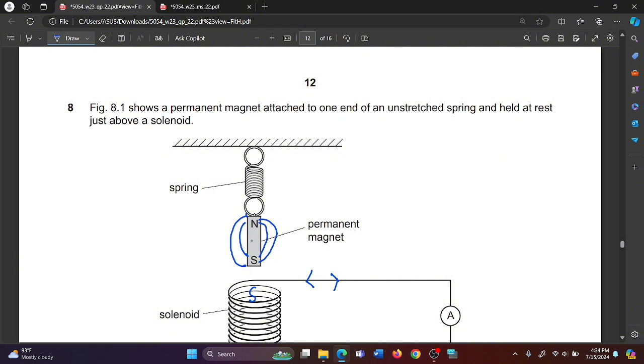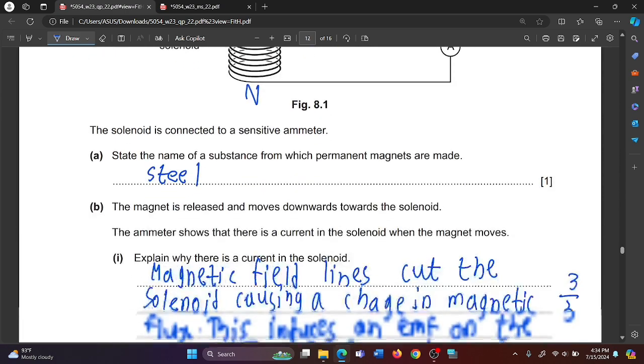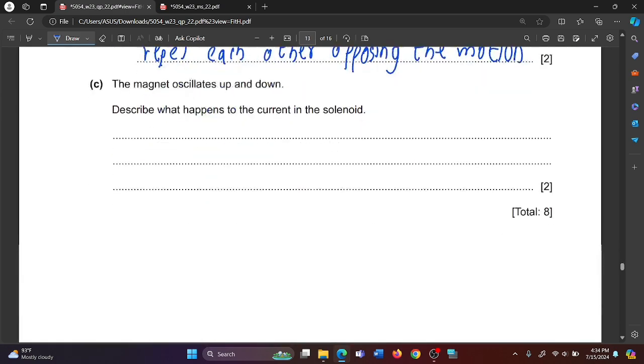This means the magnitude of the current would also increase and decrease, because the faster the magnet moves, the greater the current we get. So as the speed of the magnet increases and decreases continuously as it oscillates, the magnitude of the current also increases and decreases and the direction changes. These are the 2 points we need to write to get these 2 marks.